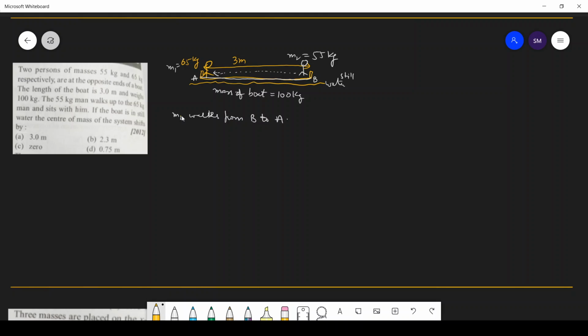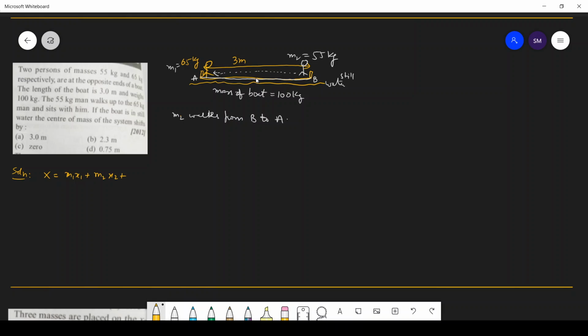First of all, tell me what is the center of mass in the beginning, when M1 was at A and M2 was at B. What was the center of mass? Solution. Center of mass X is equal to M1x1 plus M2x2 plus M3x3.